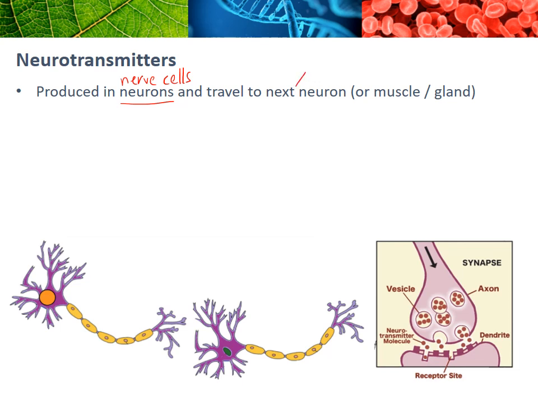So they are a paracrine signal. Or if we're at the very end of the neuron chain, they'll communicate with the muscle cell or the gland that's at the end of that neuron. Okay, but they're always communicating with something next door to it.